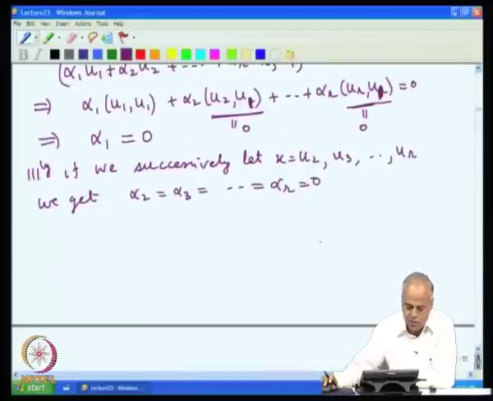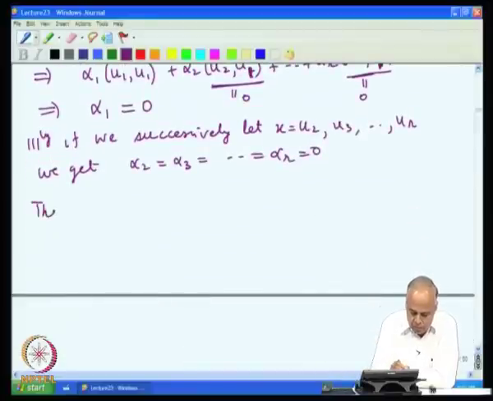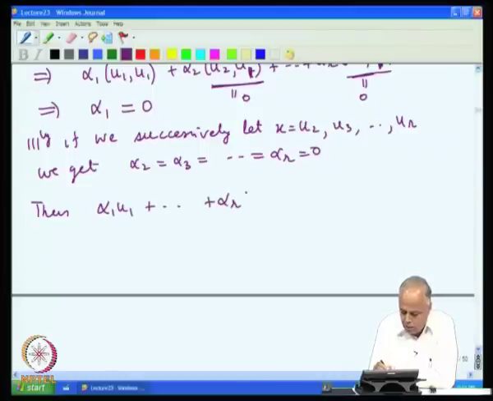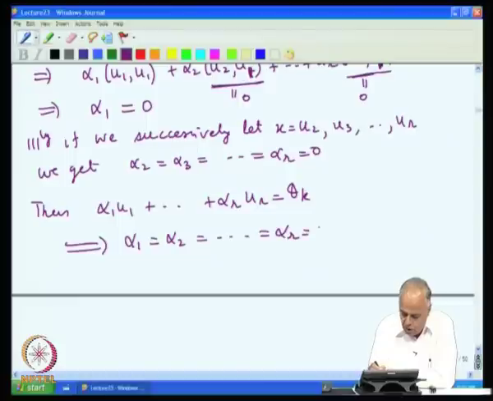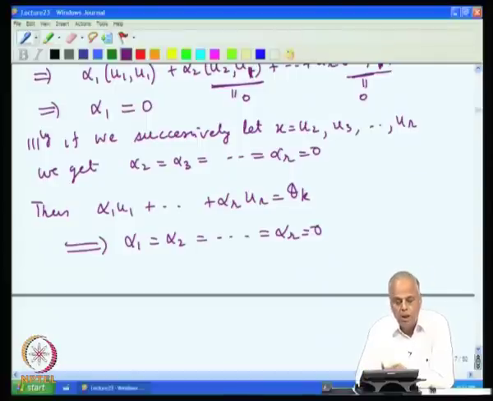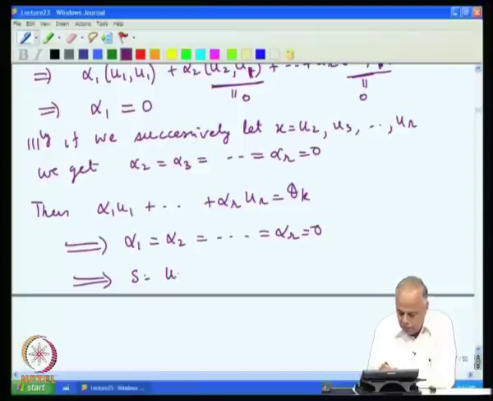So, thus what we have is alpha 1 u 1 plus alpha r u r equal to theta k implies alpha 1 equal to alpha 2 equal to alpha r equal to 0. This means that the set of vectors u 1 u 2 u r is linearly independent.